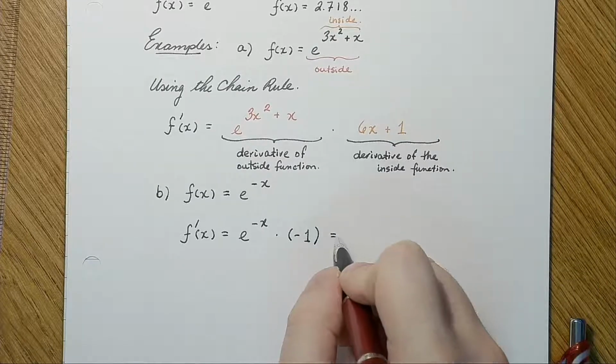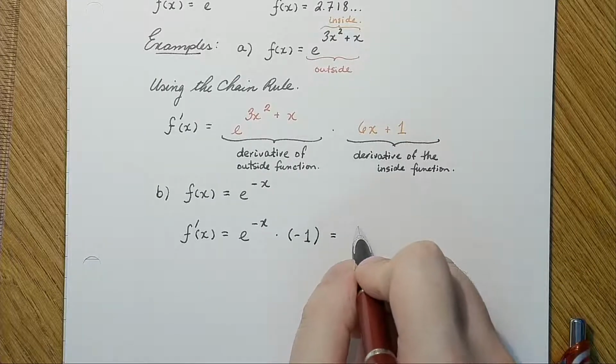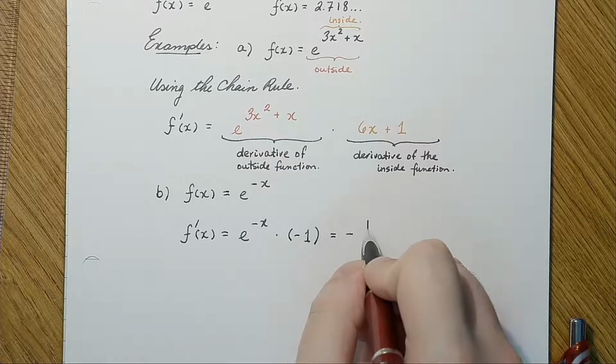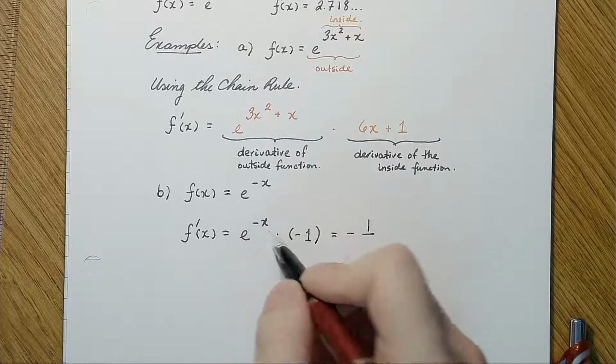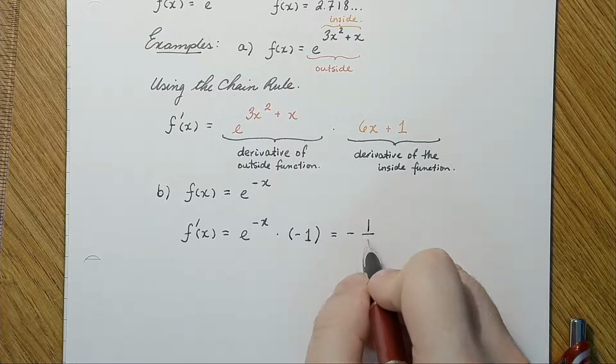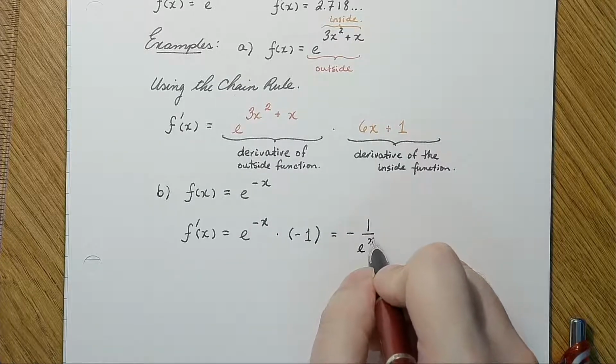And we can rewrite that so that I have minus 1 over e to the x. So I can also write that as minus 1 over e to the x, like that.